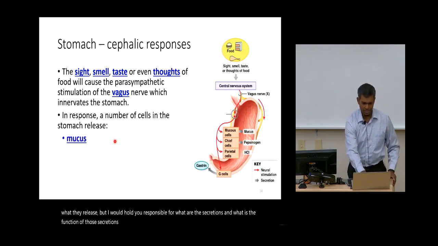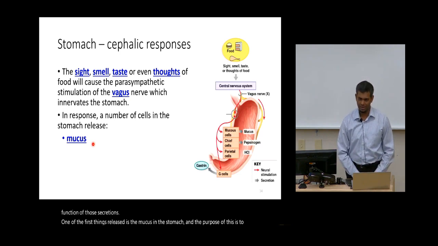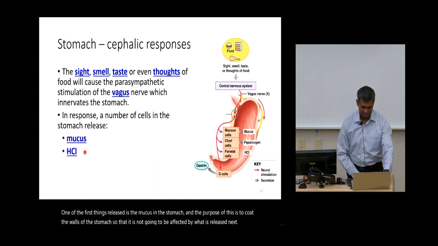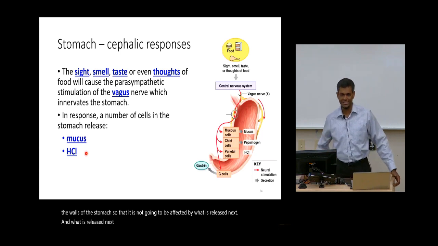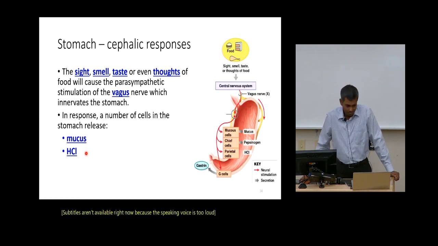One of the first things released is the mucus in the stomach, and the purpose of this is to coat the walls of the stomach so that it is not going to be affected by what is released next. And what is released next is hydrochloric acid, and without this mucus secretion, the wall of the stomach can be damaged by the acid.